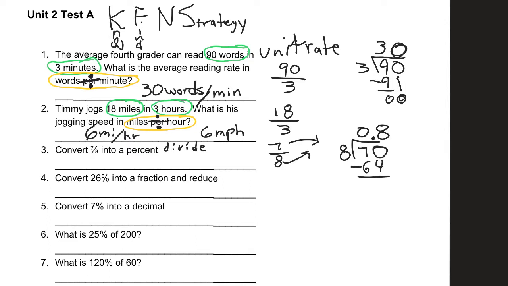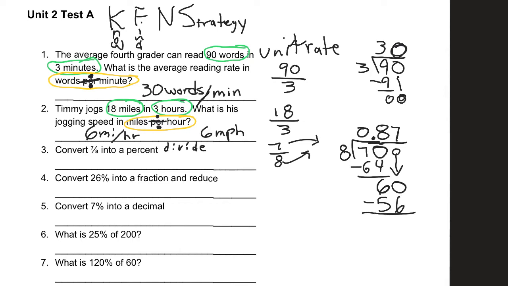I'm going to subtract. 70 minus 64 is 6. All right, well, now I'm going to have to start adding zeros here. 8 goes into 60 how many times? Well, 8 times 8 is 64, so it's going to be one less than that. That's 7. 7 times 8 is 56.